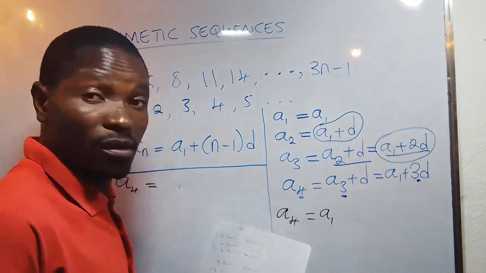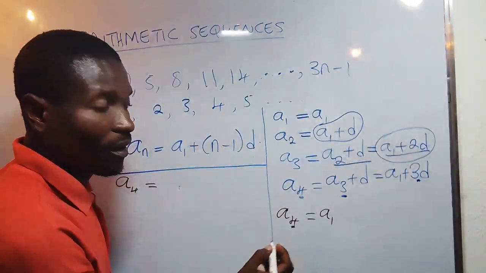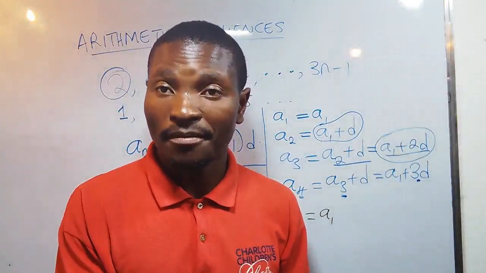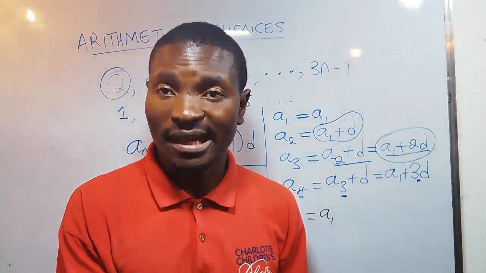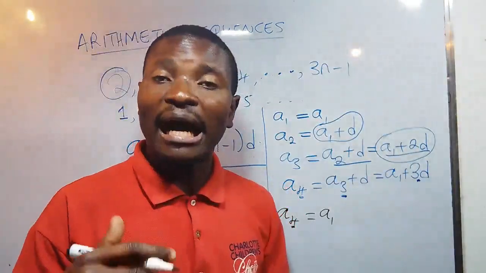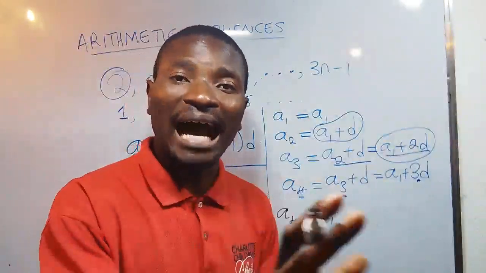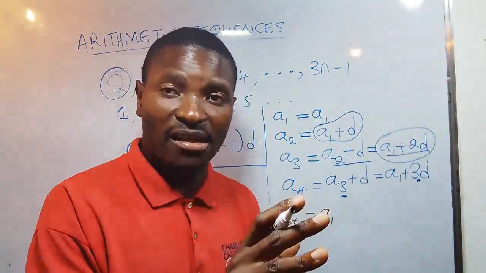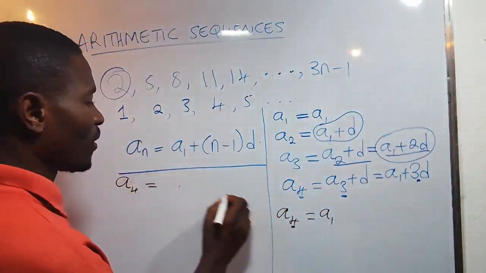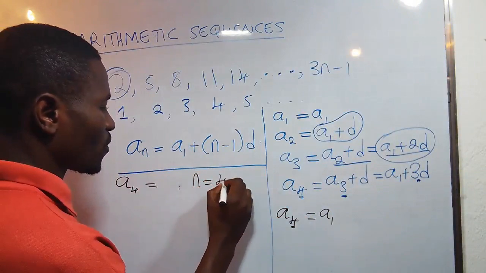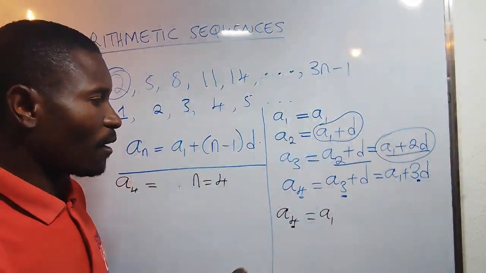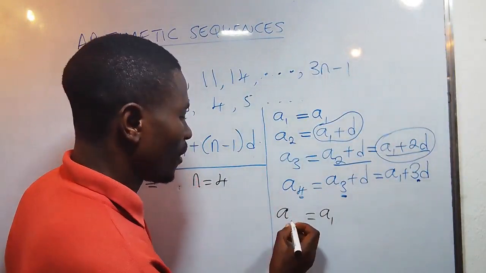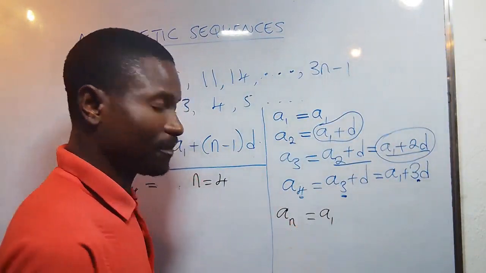Now, this 4 is actually referred to as the term, okay, it is called the term. So we can mathematically assign this 4 a special letter n. Okay, so this n equals to 4. So what this simply means is that where there is 4, I can put n.